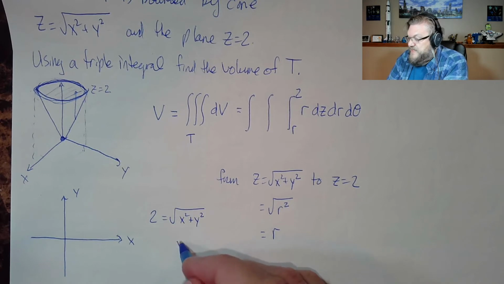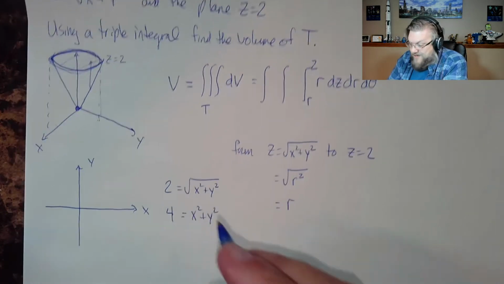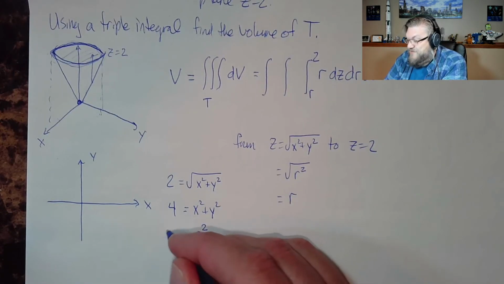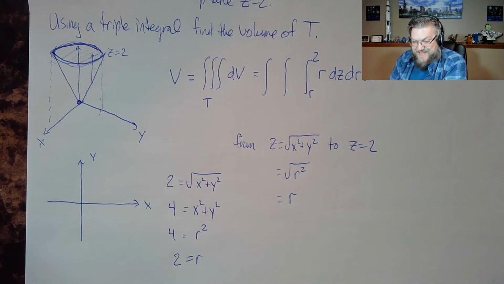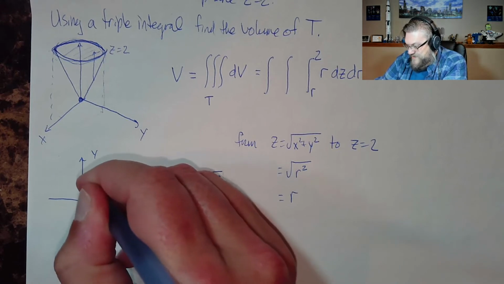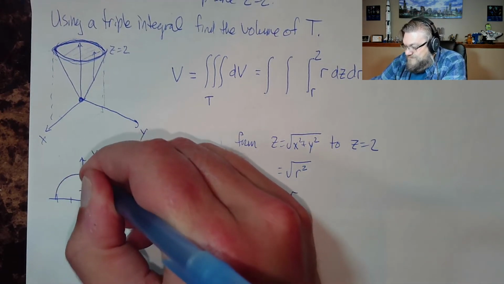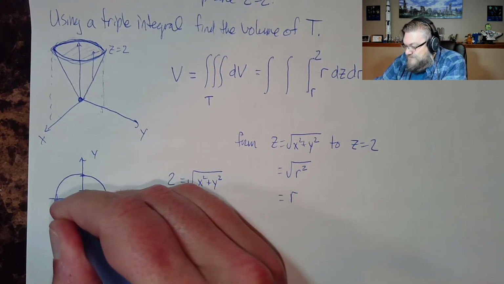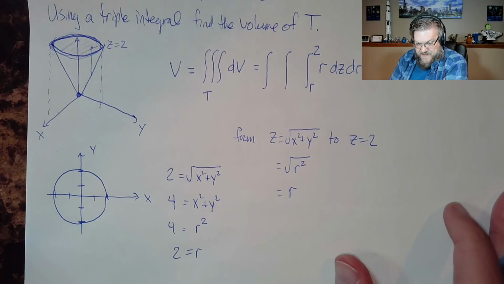Which I can then reinterpret as x squared plus y squared equals 4, or otherwise known as r squared equals 4, or r equals 2, right? This is a circle of radius 2 in the xy plane. See that?